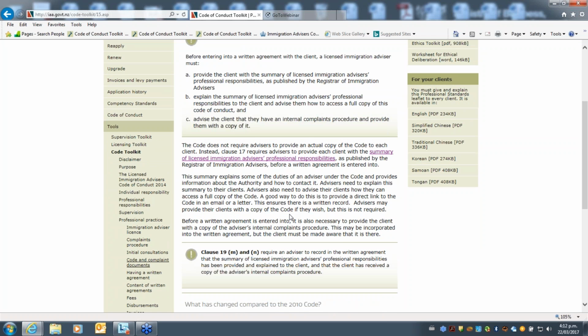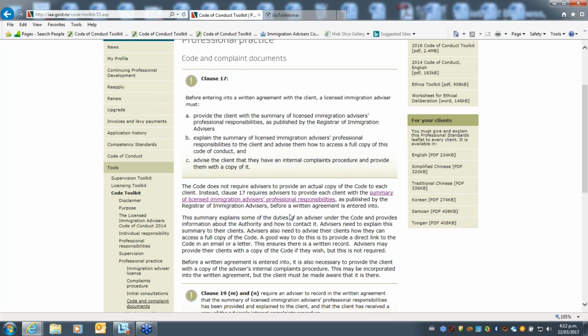And what I will just stress here is that you do take responsibility for this as a licensed advisor. In complaints where things go wrong, we often see that this step has been missed. It won't be the substance of the complaint. We never get a complaint solely on the basis that they hadn't been provided with a summary of the licensed advisor's professional responsibilities.